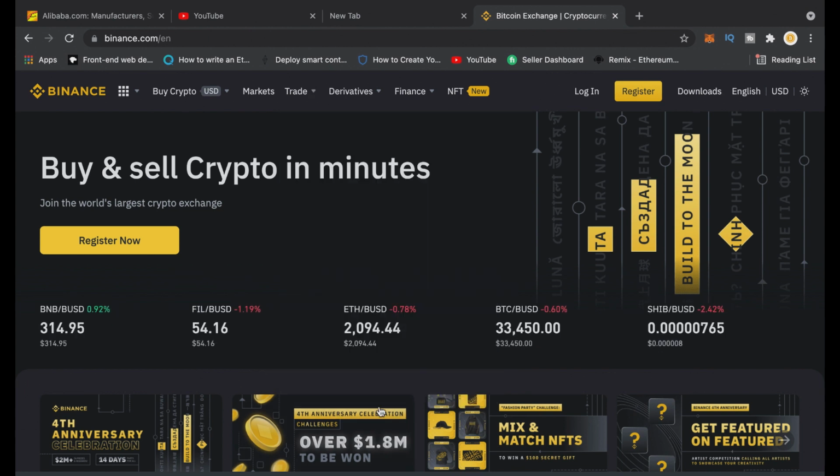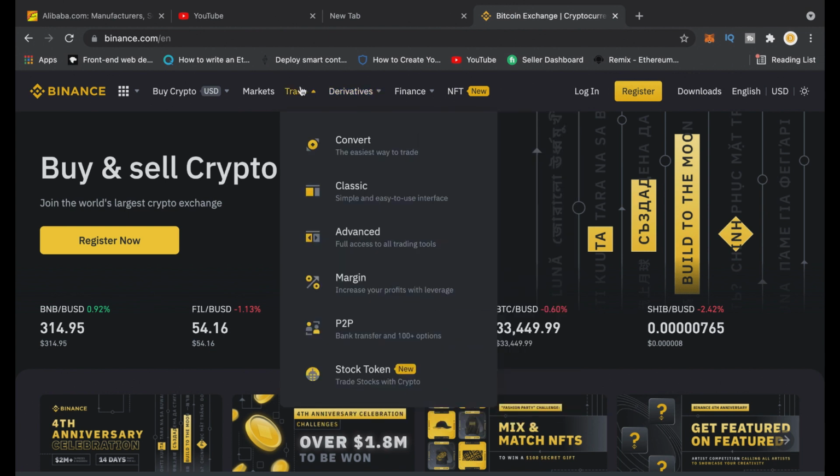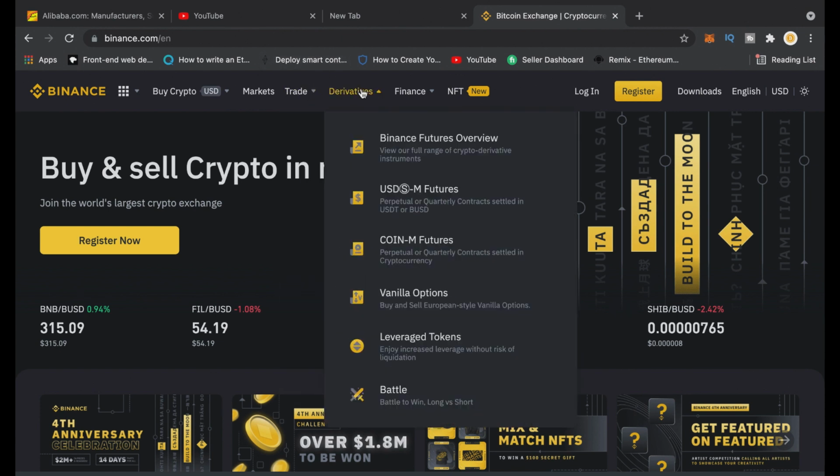It's a new bar here, and you can try to trade stocks with crypto. I think this is something new, as it says. You can see new here, right? So maybe they are just trying to introduce the stock market on this site. Wow, with crypto. I think that would be nice.